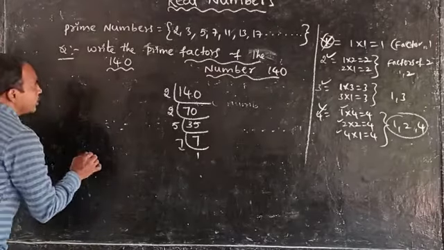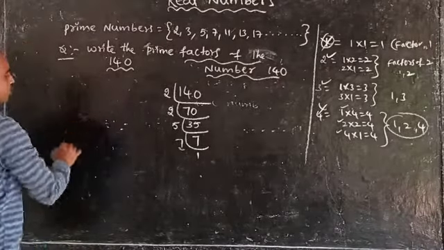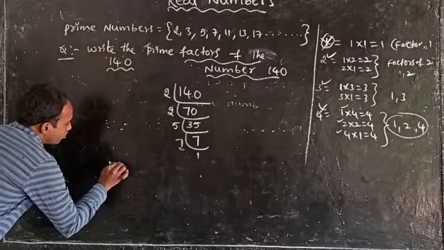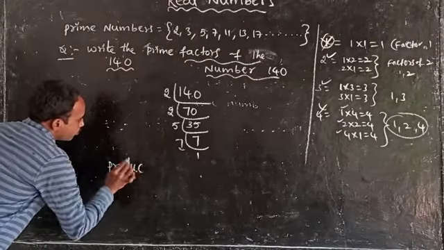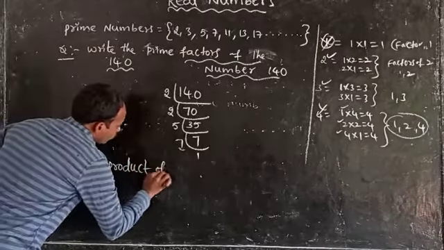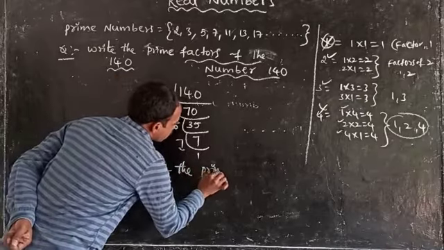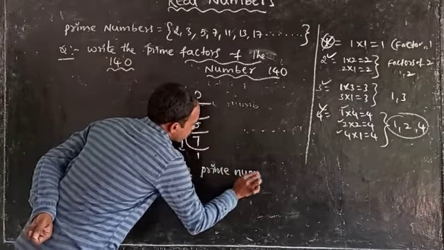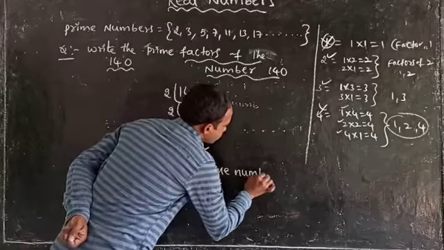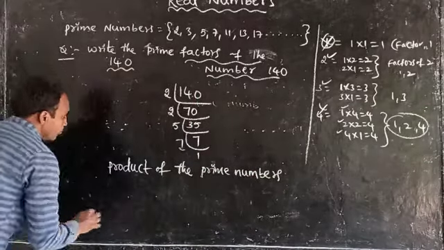Here I am writing the product of the prime numbers of 140.